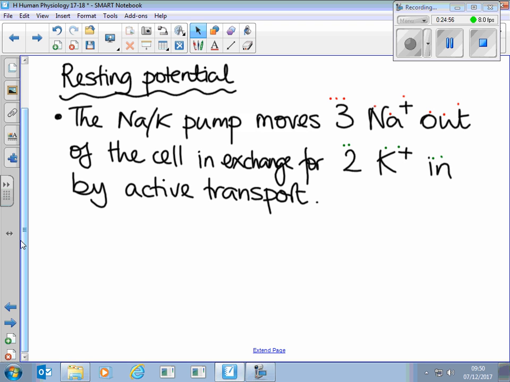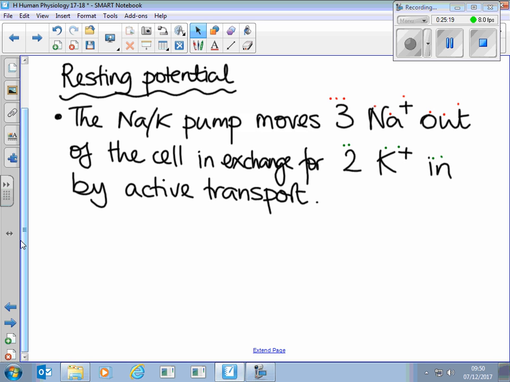So these gated channels can be open or closed depending on, in this case, the voltage across the membrane or the voltage in the cell. So they are voltage-gated channels. Now at this point, all the sodium channels are shut, so there's no way those sodium ions are getting back into the cell.